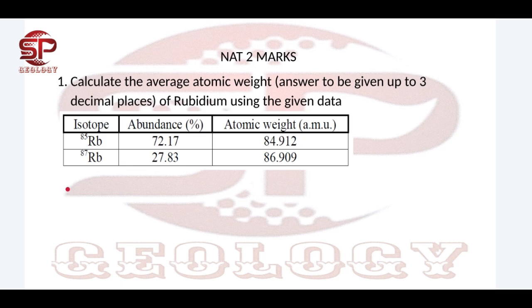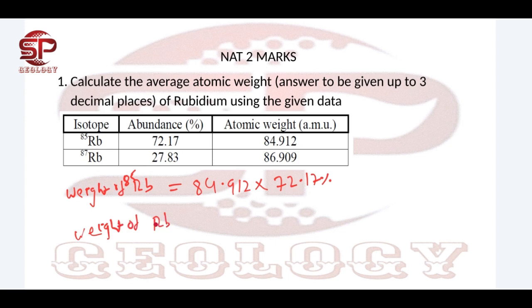So you can say the weight of rubidium 85 will be 84.912 into 72.17%. Then the weight of rubidium 87 will be 86.909 into 27.83%.